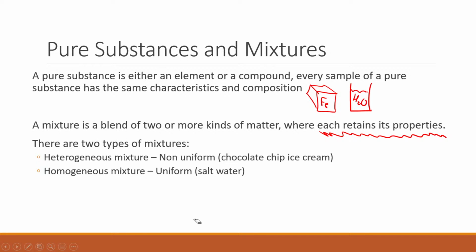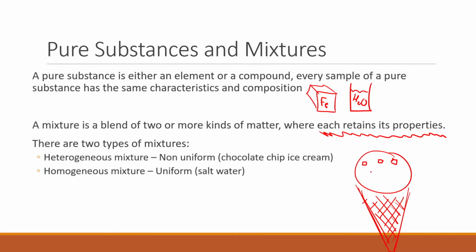Now, what do I mean by non-uniform? Also, why did I just write chocolate chip ice cream here? Right, let's talk that through. Our first example of a non-uniform mixture is a cone of chocolate chip ice cream. In this scoop of ice cream, there are a bunch of chocolate chips.